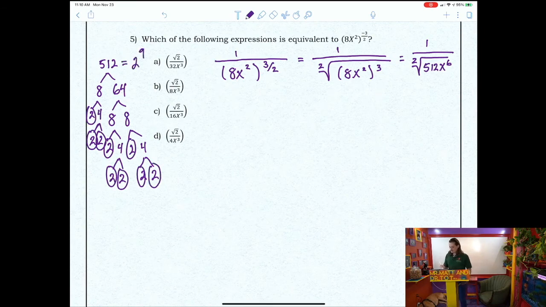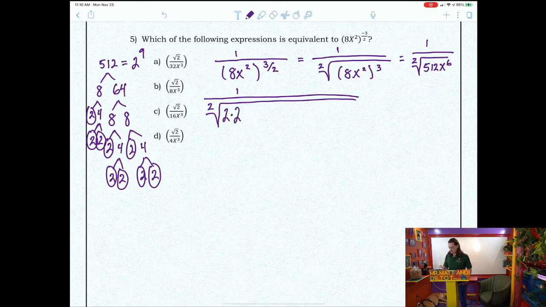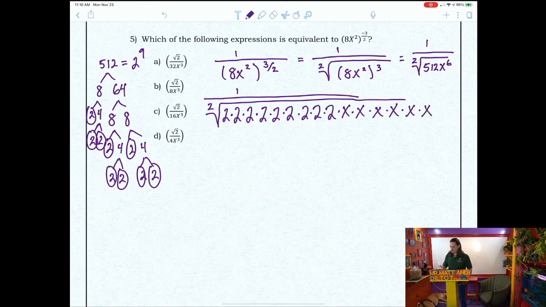So again, if I wrote this out, and once you get familiar with this process, you don't have to write this out each time, but just to show you, I have 9 2's and I have 6 x's, and if it's the square root, that means for every 2 underneath, every pair, I can bring 1 outside.